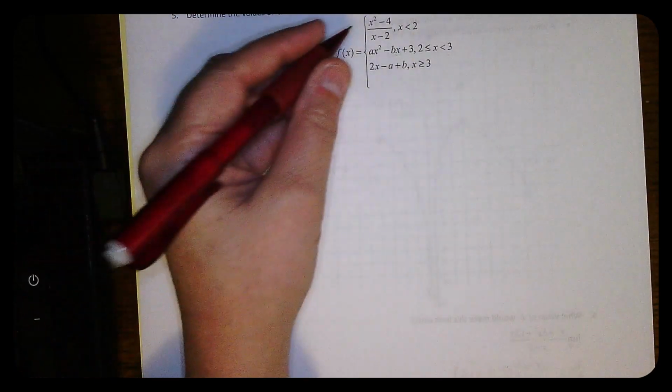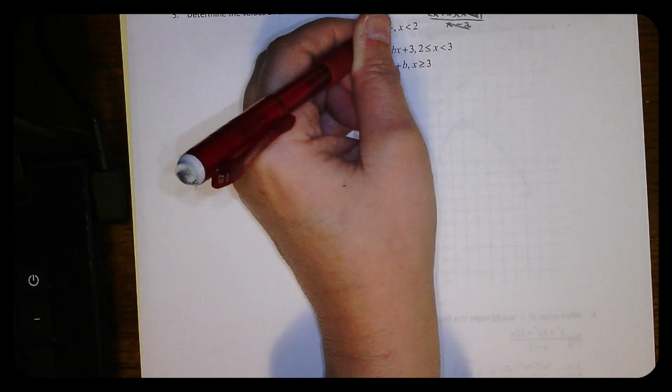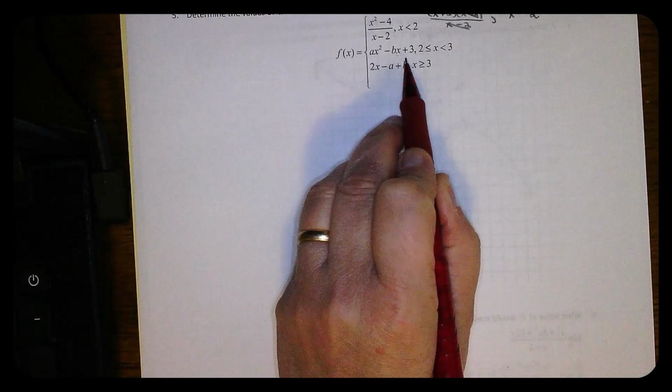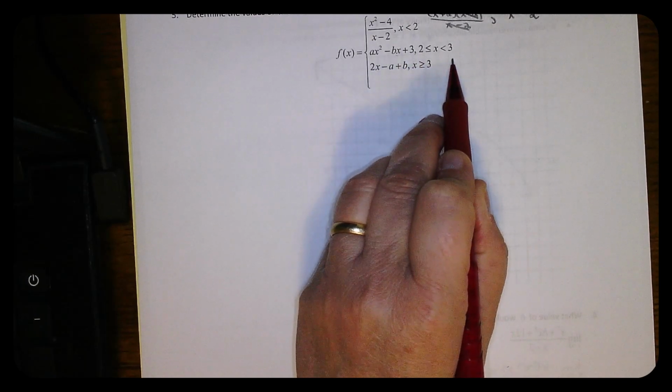So first thing I notice is I can factor that top function. That's going to be x plus 2, x minus 2 over x minus 2, and those cancel. So this function is going to look like x plus 2 when x is less than 2. And this function is going to look like ax squared minus bx plus 3 when x is greater than or equal to 2 and less than 3.